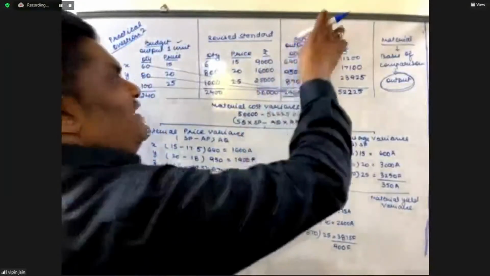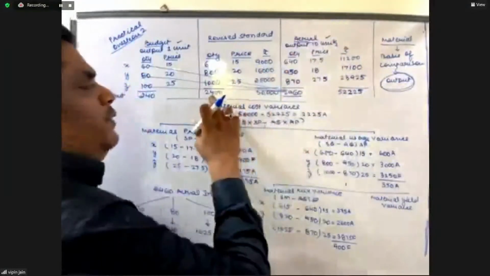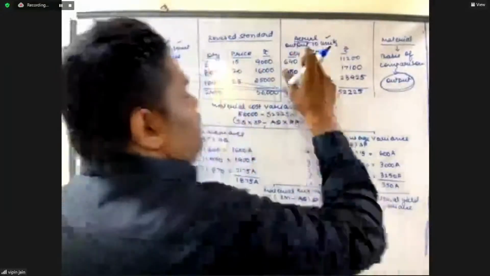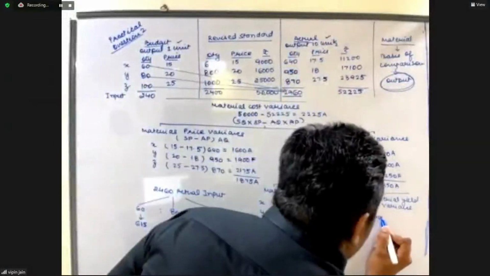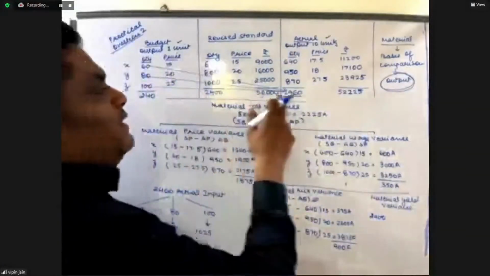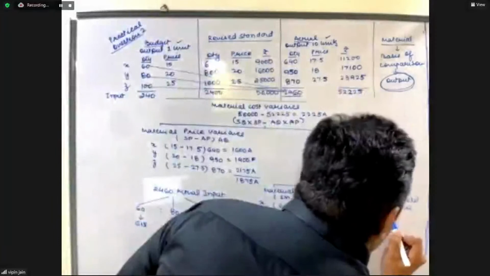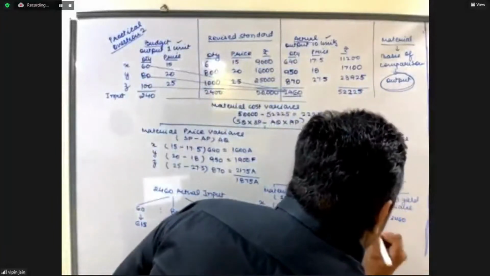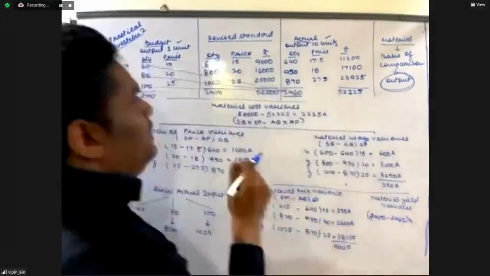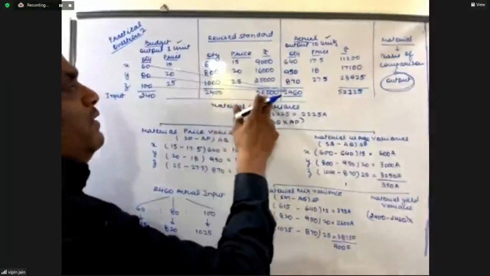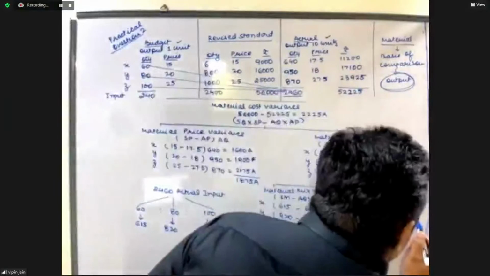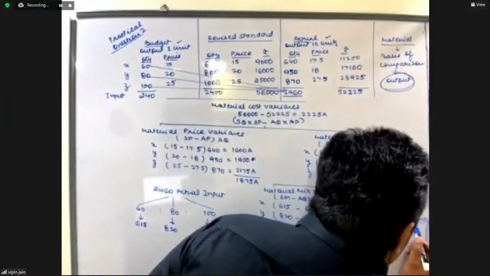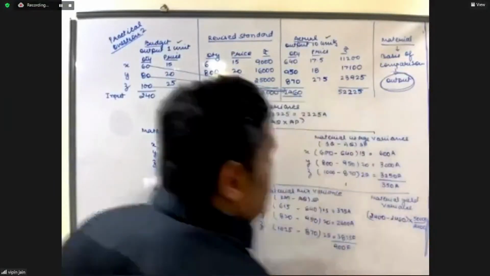To manufacture these 10 units, the work was supposed to be completed in 2400 units of input. But the work was completed in 2460 units of input, into my weighted average price, that is 50,000 divided by 24.